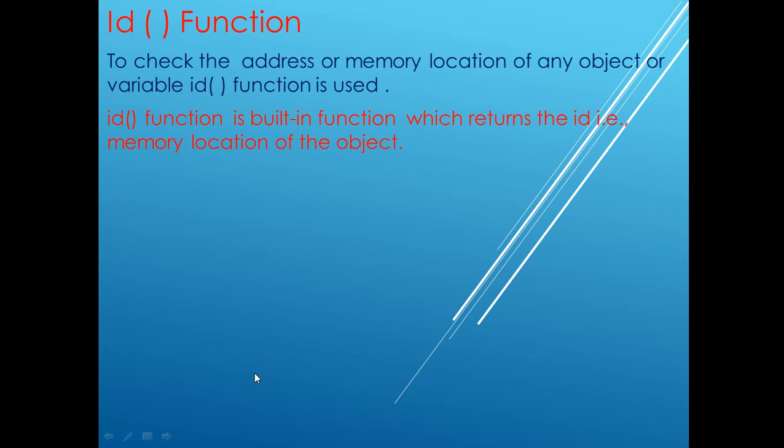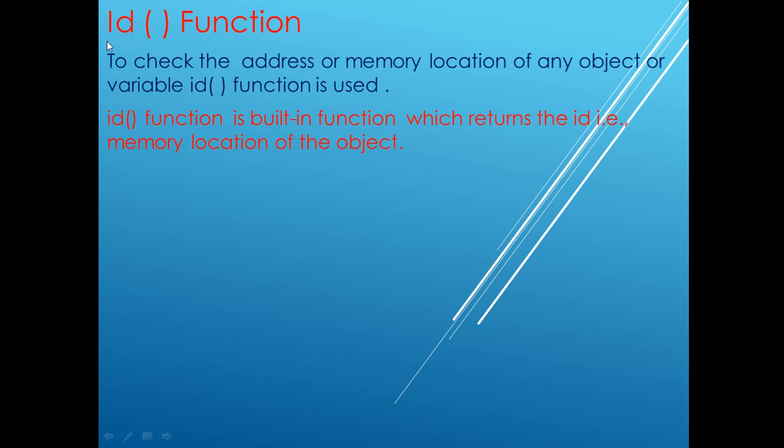So the question you may be thinking of is how to find the memory location or memory address of an object. The identity operator works on the memory location. To return the memory location, we will use the function id.